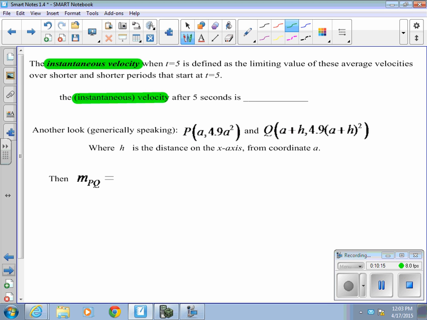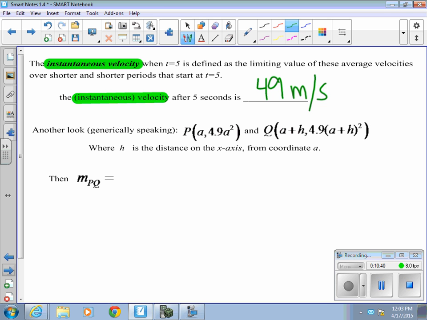We can't do it yet. It is coming a few weeks from now. But because we used our average values to estimate the slope at 5, we're pretty sure that the instantaneous velocity after 5 seconds is 49 meters per second. Eventually, you will be able to know for sure. For now, we're just estimating.